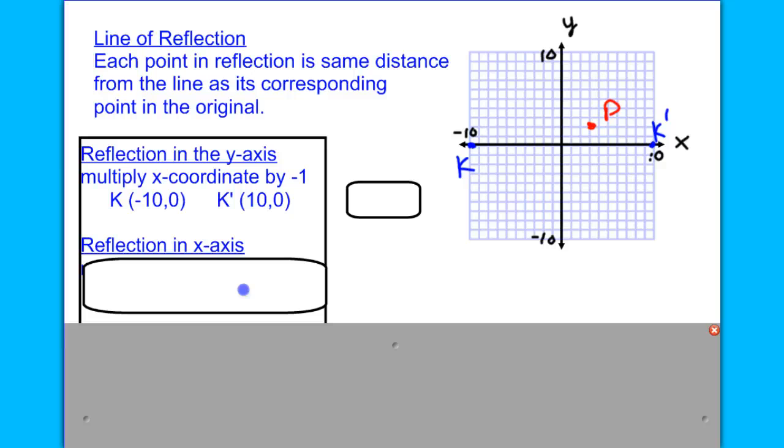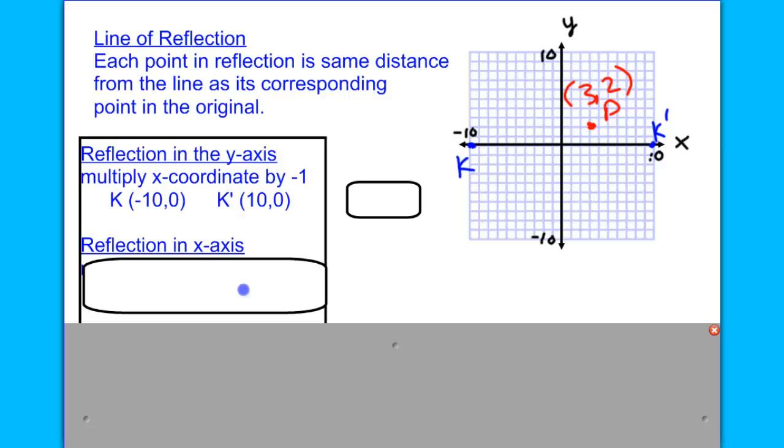So if I'm going to reflect that in the x-axis, there's the original at 3, 2. That means I want to jump it across the x-axis, right? So now where will it go? Can you plot the reflected location across the x-axis? Where would it go?